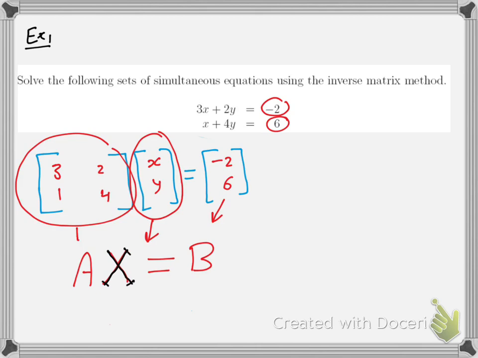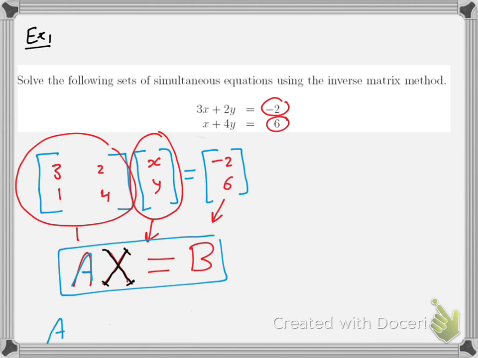To do that, I should remove A from here. To remove the matrix A, I will multiply both sides of this equation, left and right, by the inverse of the matrix A.